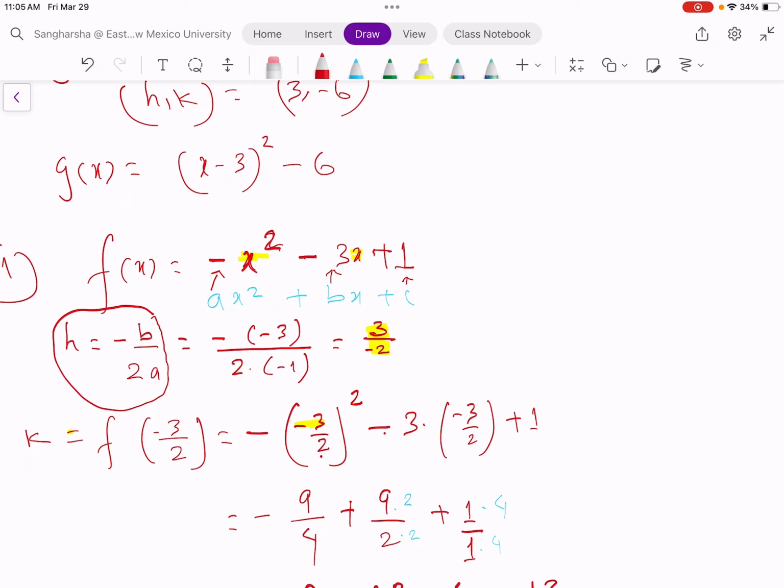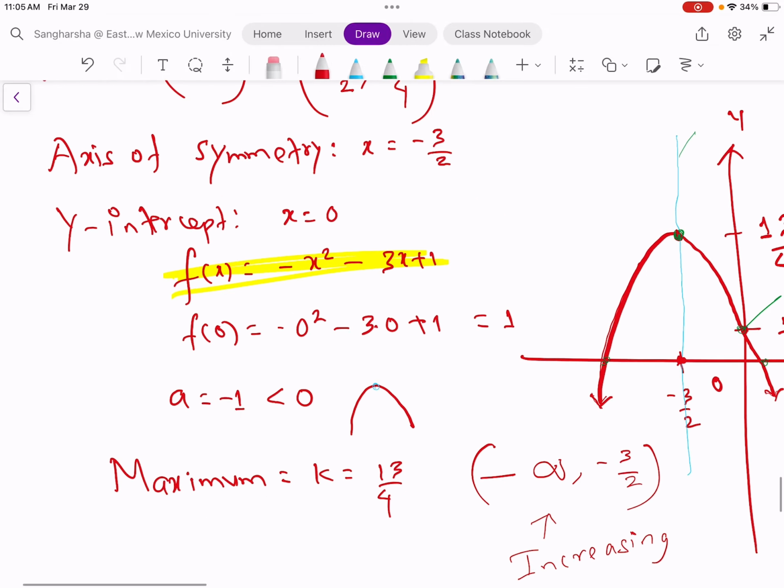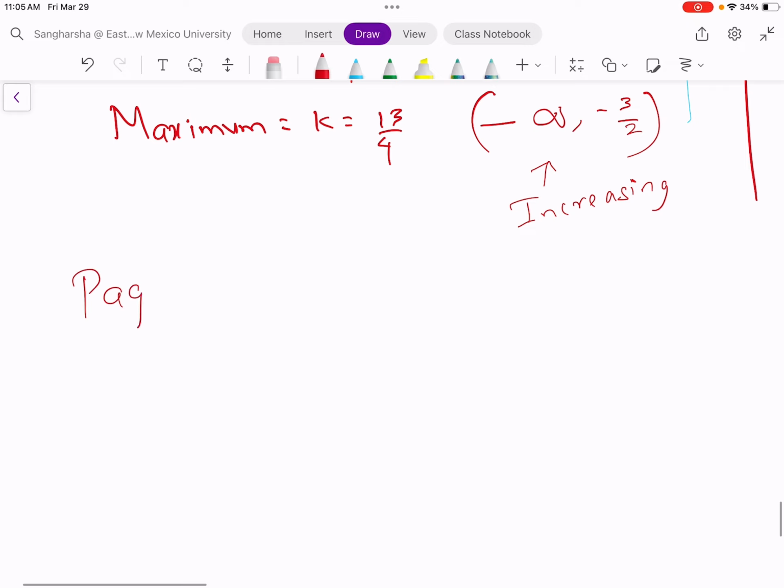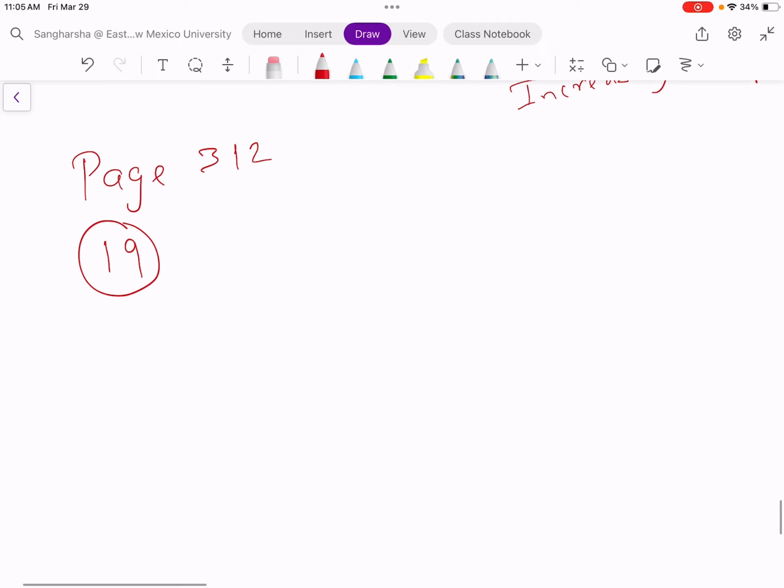So this is review section 3.1, number 19, on page number 312. Here we have a rectangular play area that is to be enclosed with a fence on three of its sides and a brick wall on the fourth side.